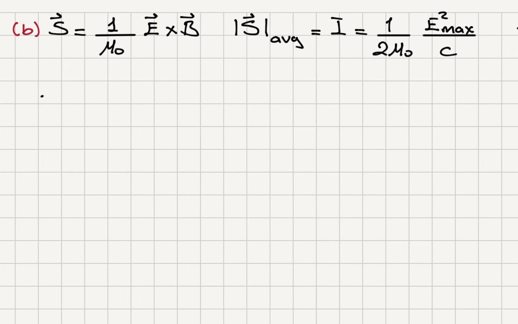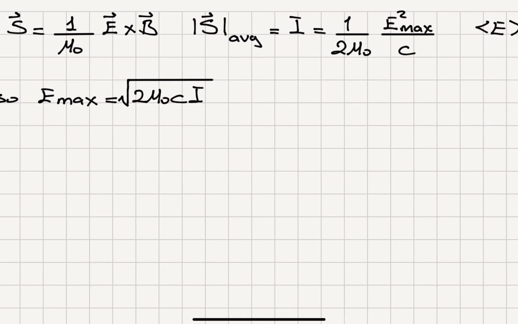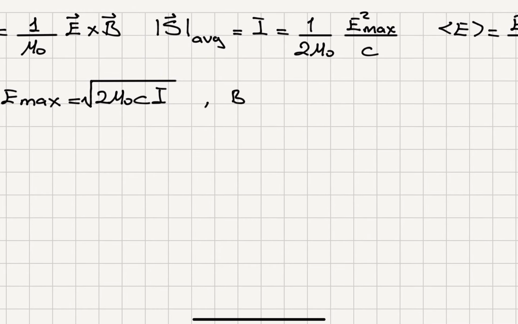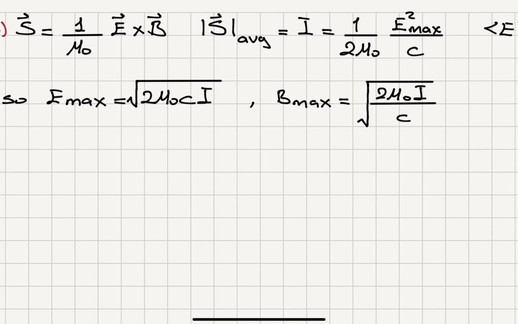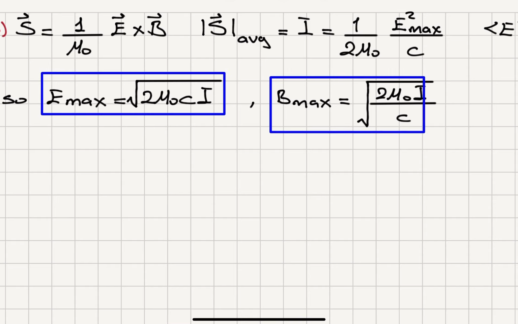So we can write E max, the electric field amplitude, as the square root of 2 mu 0 times the speed of light times the intensity, and B max, the maximum magnetic field or magnetic field amplitude, will be the square root of 2 mu 0 I divided by the speed of light. So that's E max, that's B max.